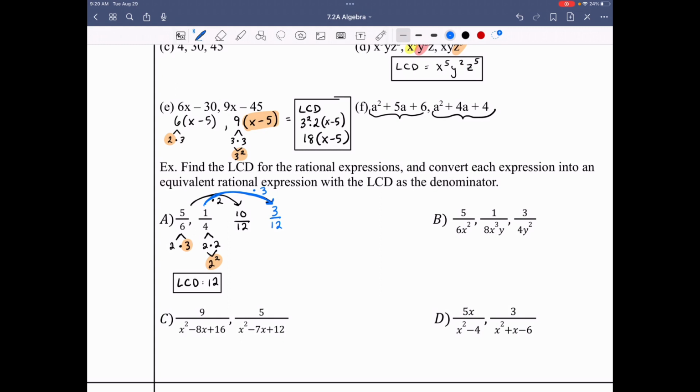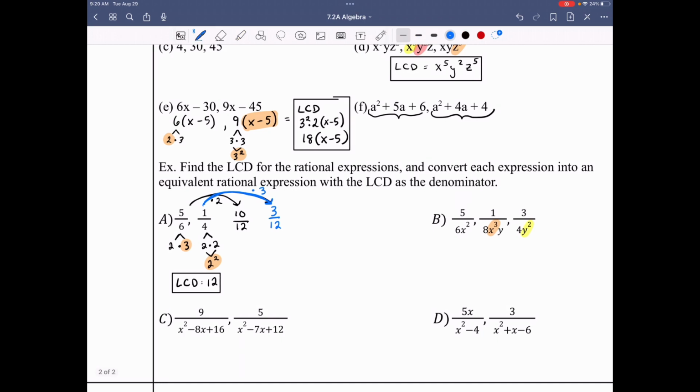Let's look at B. The highest exponent for x's is x to the third, and the highest exponent for the y's is y squared. So we know that we need that as our LCD. We also have 6, 8, and 4. Okay, so 6 is 2 times 3. 8 is 2 times 2 times 2.